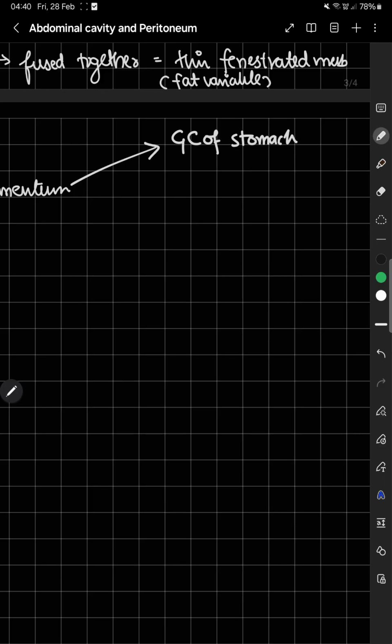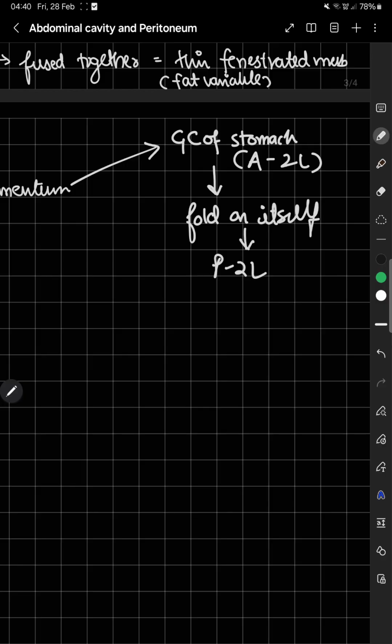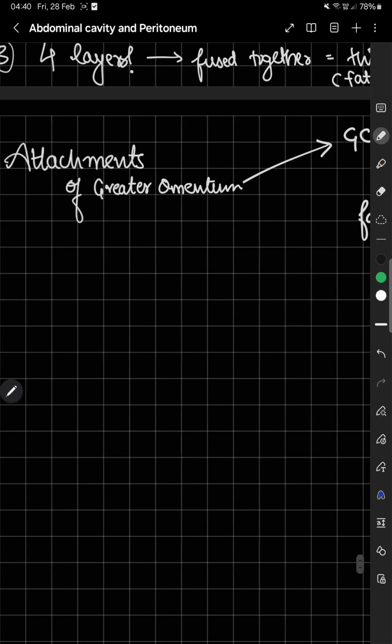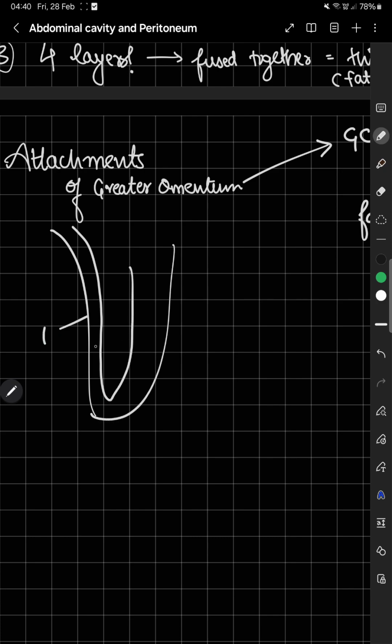Here is where the anterior two layers start off, and then these fold on itself, which forms the posterior two layers. And this folding is such that, see, it's basically like this, and it folds into this. So if this is the first and the second layer, the second layer would become the third layer, and the first layer would become the fourth layer.